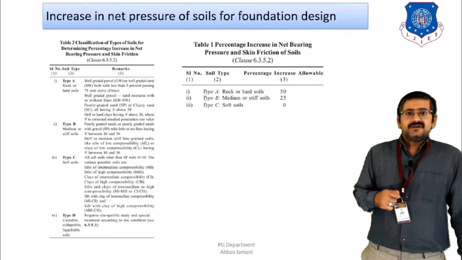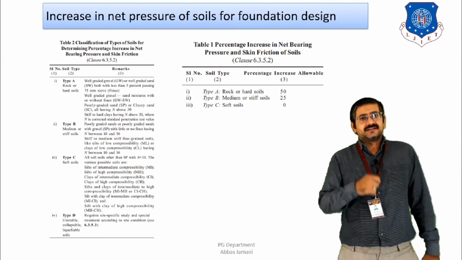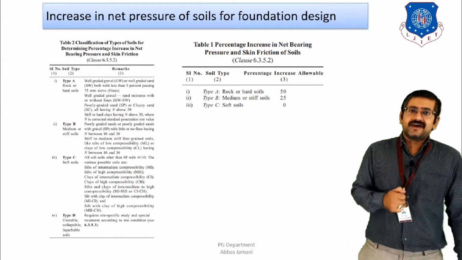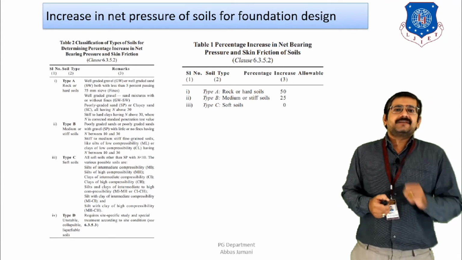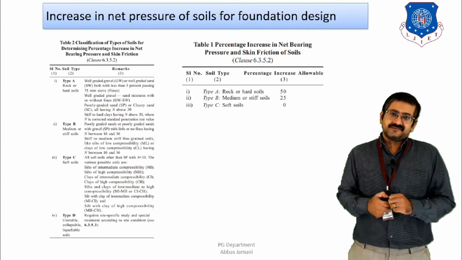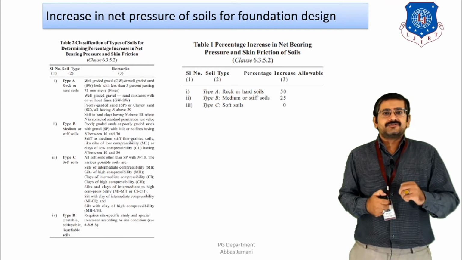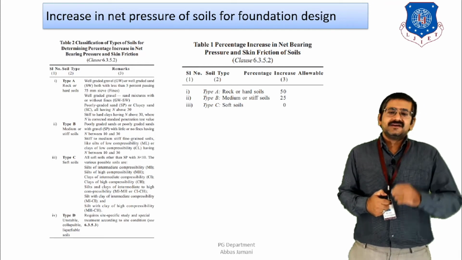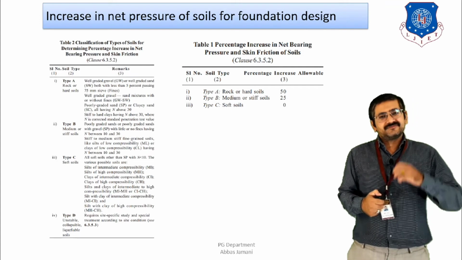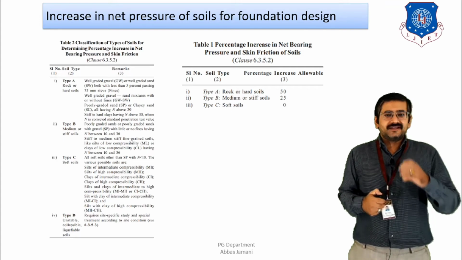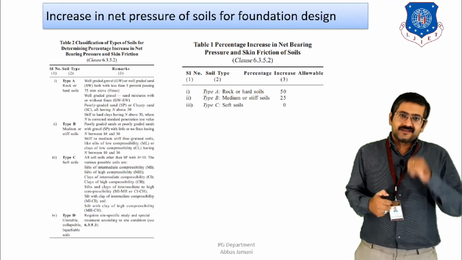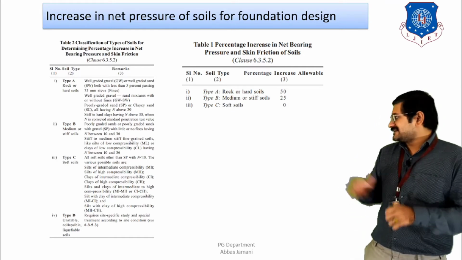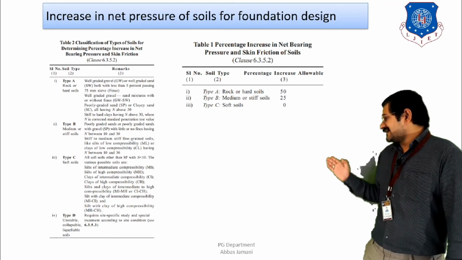Right. So now there is another feature that the code IS 1893 is discussing, and that is the increase in the net pressure of the soil for the foundation designs. That is, the code is telling that whenever you are going to design a particular structure for the earthquake, then you can have some increase in the stresses, or you can have an increase in the soil bearing pressure in the following three categories, where it is mentioned type A soil, type B soil and type C soil.